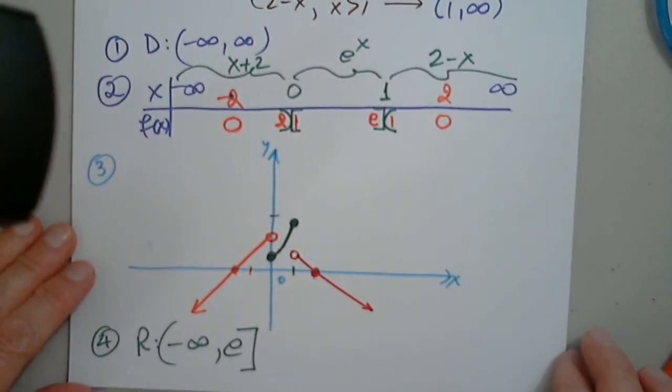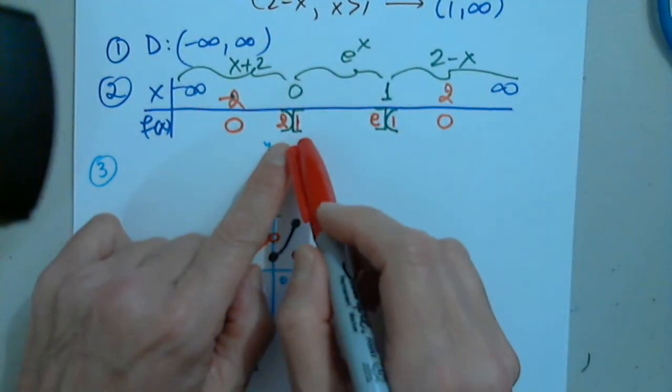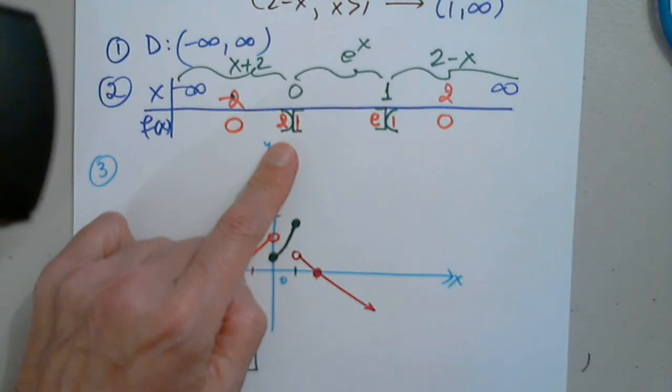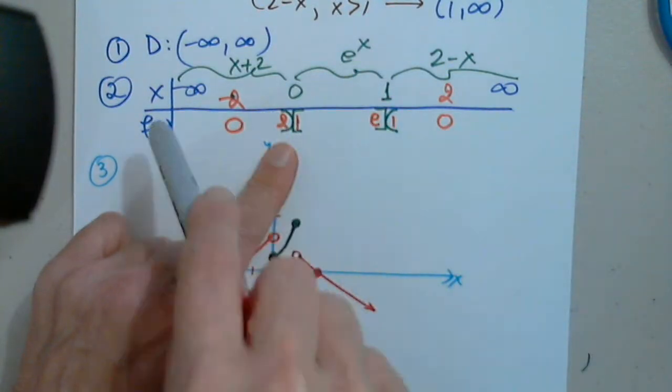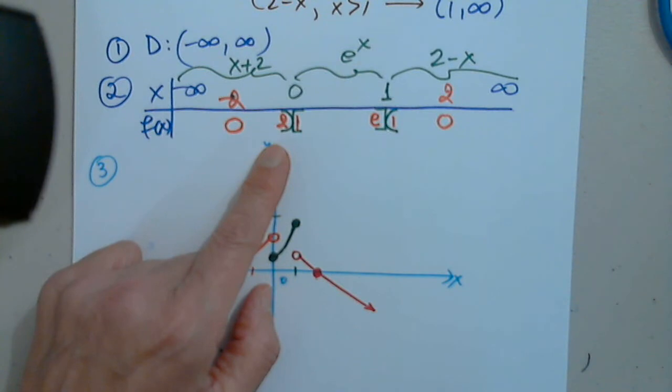But thank you. Now, if I look at this and I ask you, what is the limit as x approaches 0 from the left? See how important this table is? More than the graph, actually. Limit from the left of 0, what is it? 2.